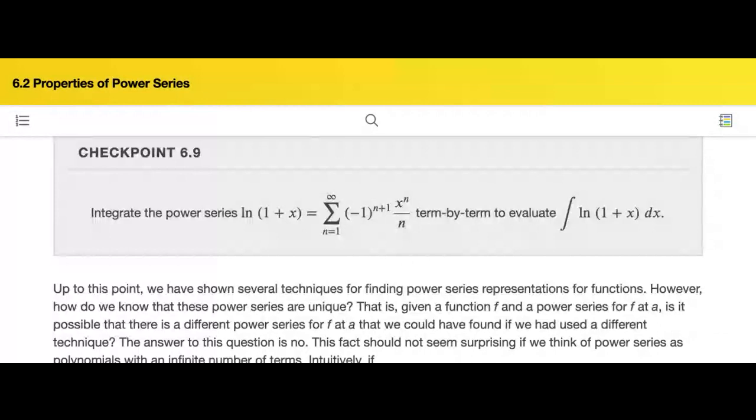What format is the answer? Is it just x raised to n minus 1?